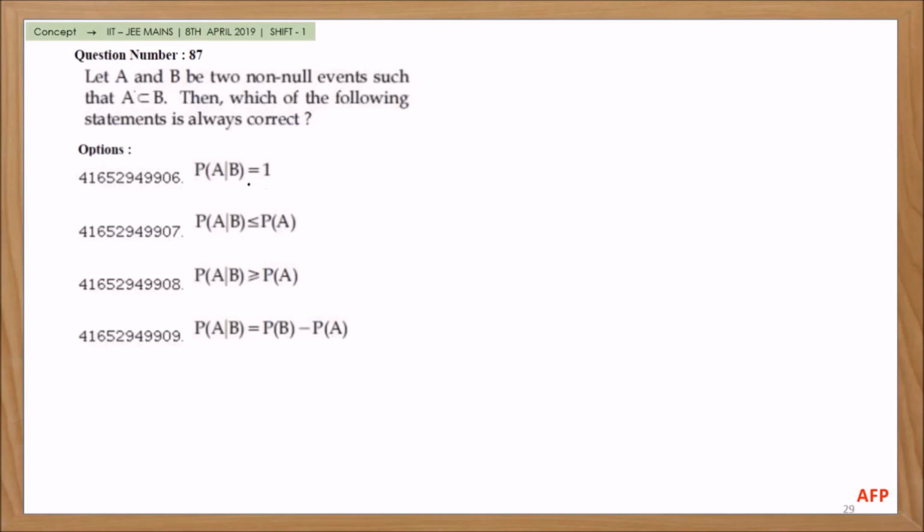So here, A given B: probability of A given B is nothing but probability of A intersection B divided by probability of B. But one condition is given, A is a subset of B. If I apply the probability, what are you going to get? Probability of A must be less than or equal to probability of B. Okay, so this is one part.